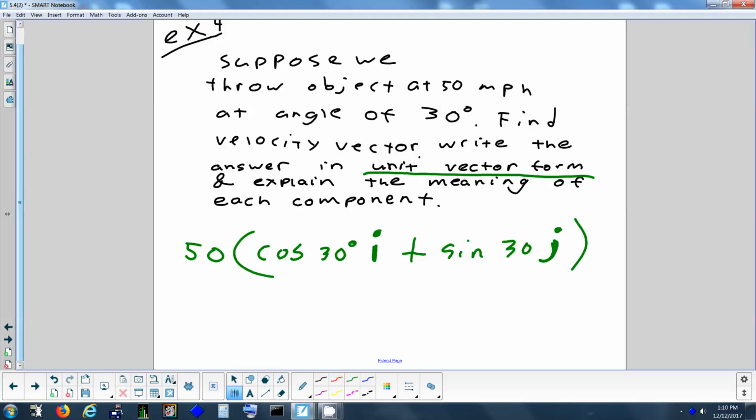What could we do with this 50 to simplify it a little more? We'll distribute it out. 50 times cosine 30, write that down, and then 50 times sine 30.